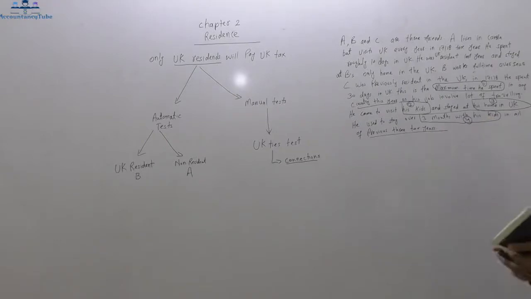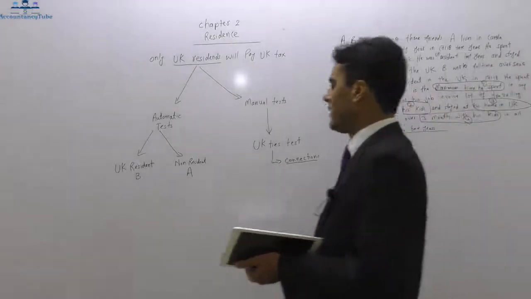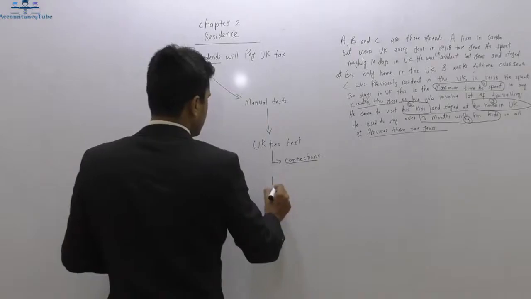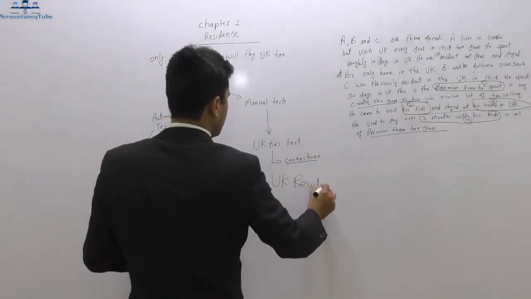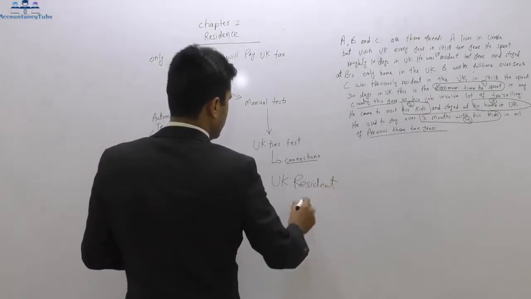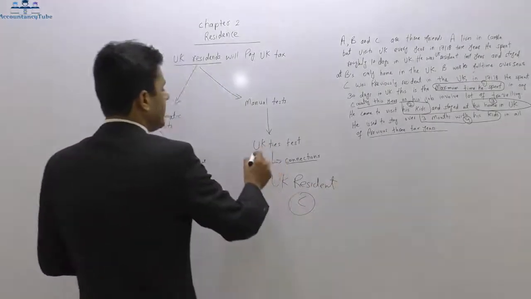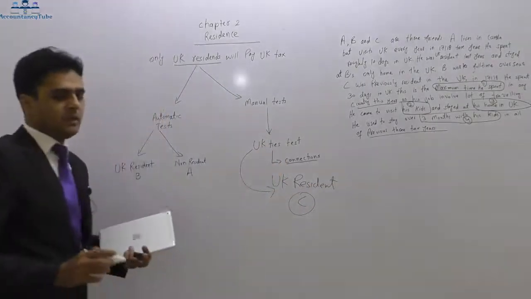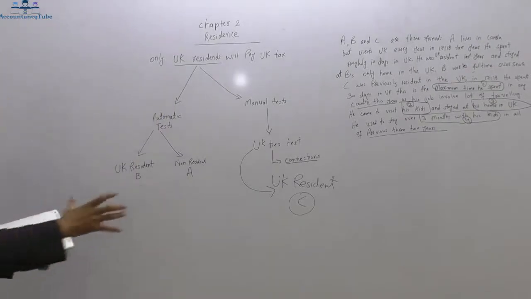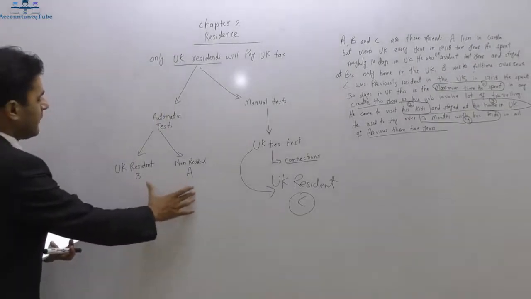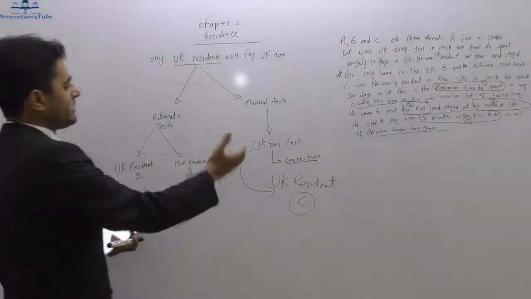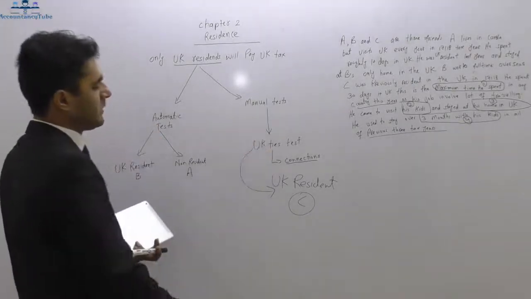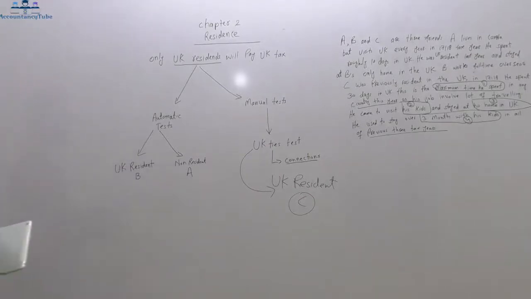Alright, so we got 4 ties, and that's why he will be considered UK resident. So who is C? C is UK resident under the UK ties tests. Because we could not consider his resident status with the help of non-resident and resident automatic tests, we went to the manual tests, and with the help of the UK ties test, we can now tell that he is UK resident.